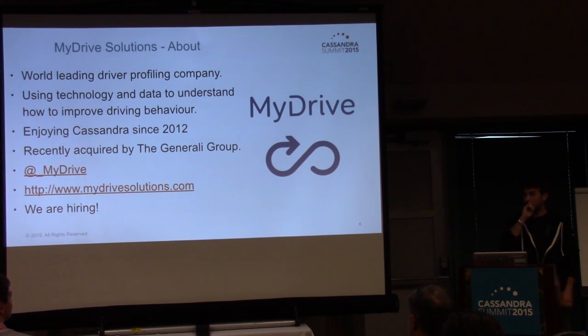We use this data to come up with a score on how the person drives, with some advice like, hey man, if you continue braking on corners, you're probably going to die young, and this kind of stuff. And also a psychological profile.